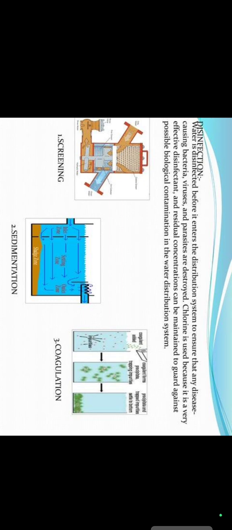It is also used to remove ferrous and manganese salts as insoluble ferric and manganic salts. Next, it can improve the taste and odor of the water. It also increases the oxygen concentration of the water. This is the aeration process.